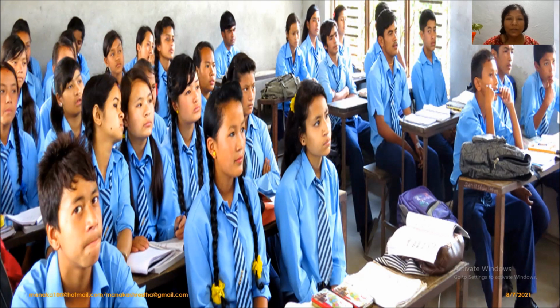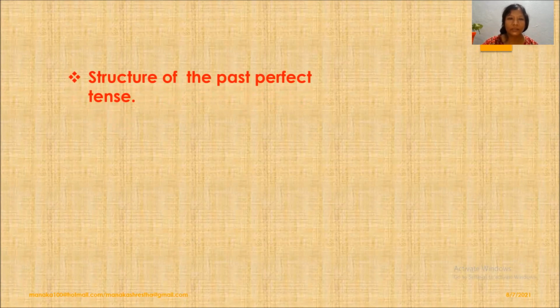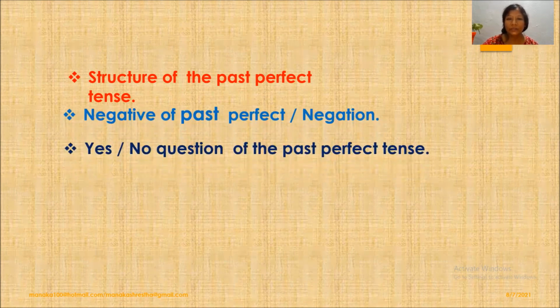Could you tell me what you learned in the previous class? You learned the structure of the past perfect tense, the negative of the past perfect tense, that is negation, and short answer questions of the past perfect tense.